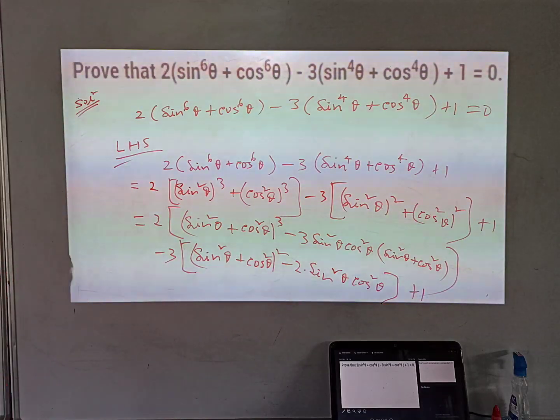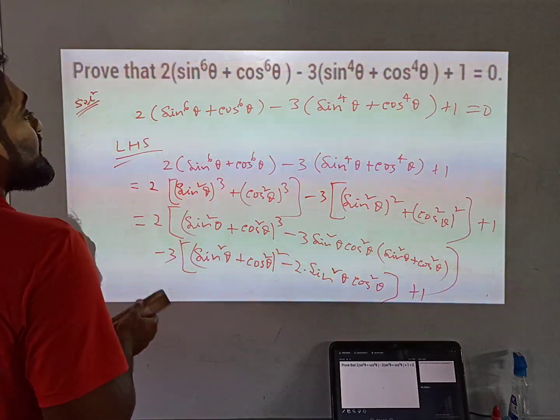After that I will use the upper part because I need more space.